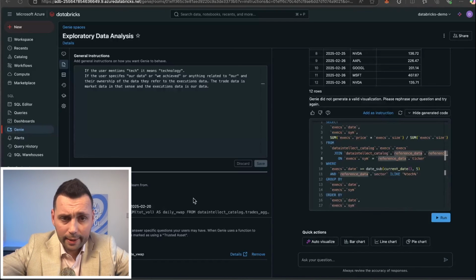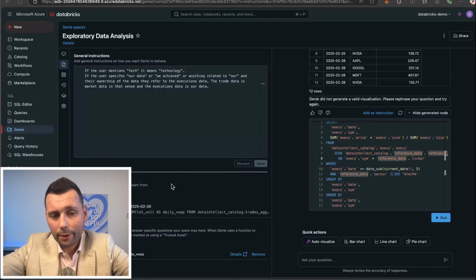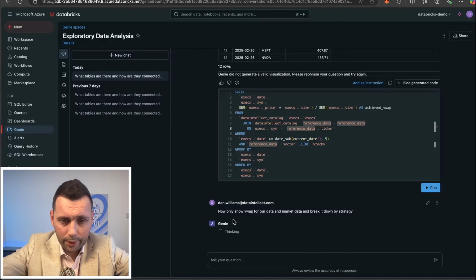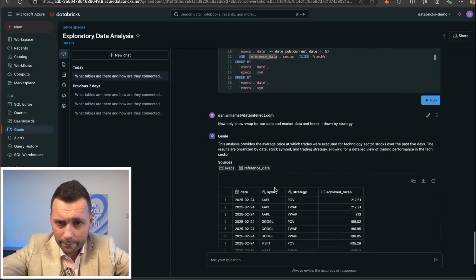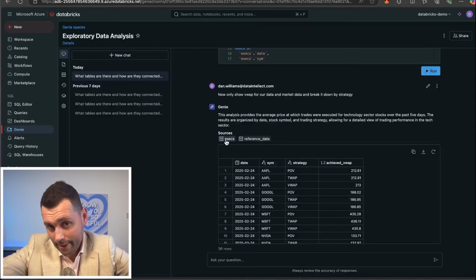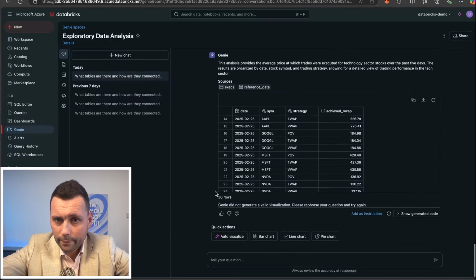Now let's ask it another question. Now only show VWAP for our data and market data and then break it down by strategy. Let's see what Genie will provide us with, because strategy is a column in our executions table. Here, it looked at our executions table and our reference data, and we have the achieved VWAP by strategy, okay?